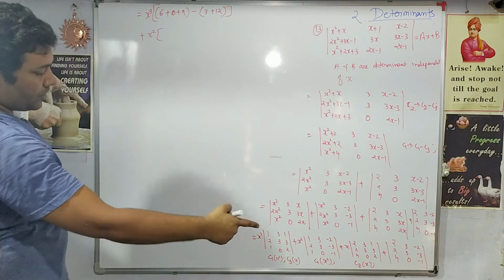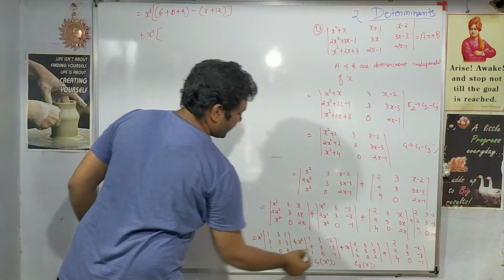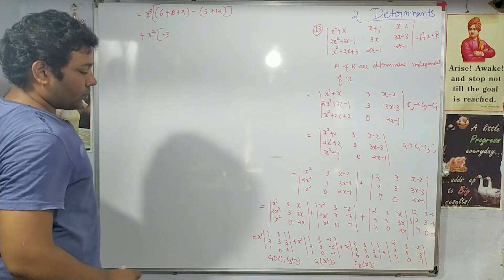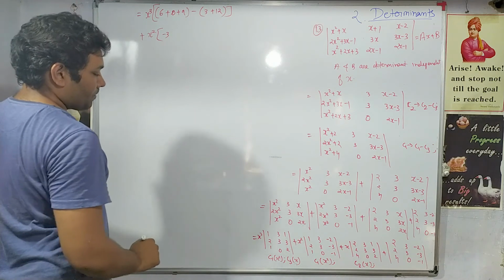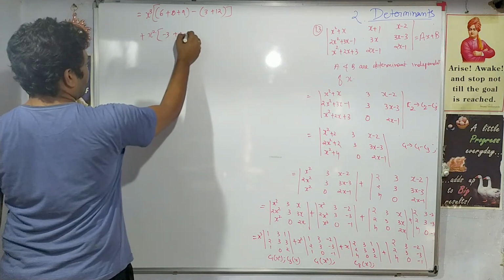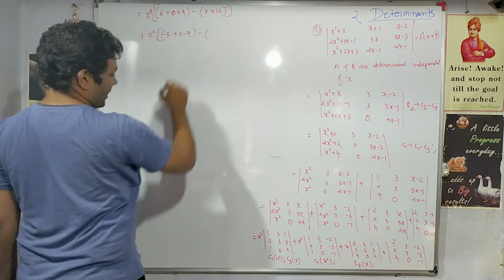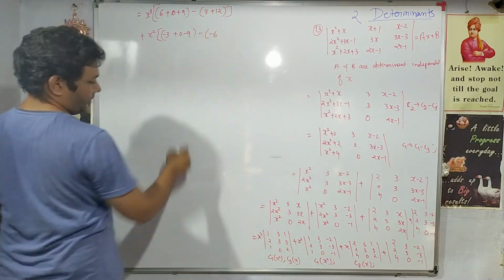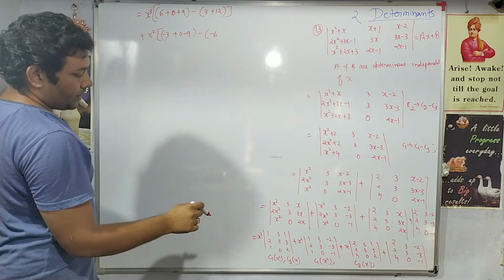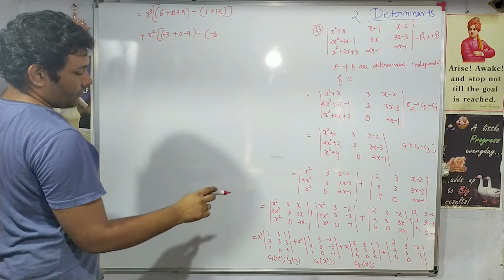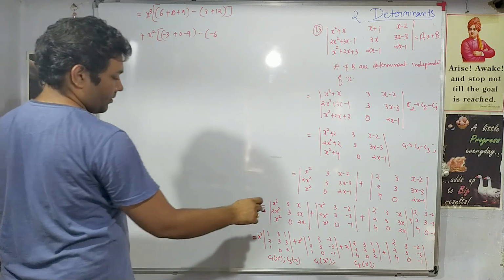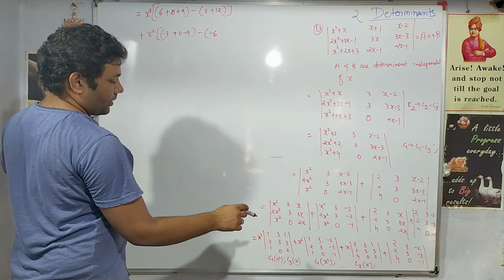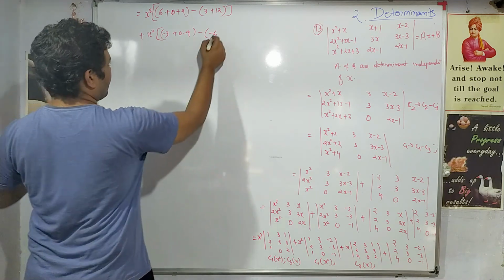Again using the Sarrus rule, left diagonal will give me minus 3. Then in the star formations we have to be very careful. Minus 9 plus 0 and minus 9, then minus sign, right diagonal, minus 6 I have. And again if you do the star formations, minus 6, so 0 and minus 6.